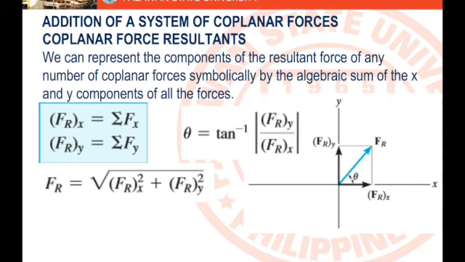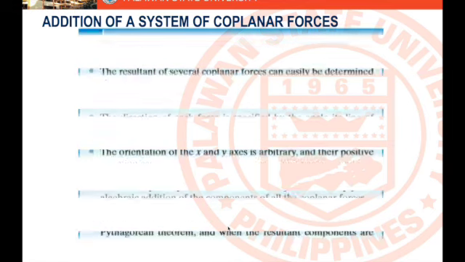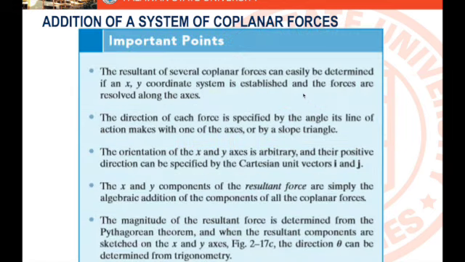So by that, we have our vector and its direction. This is just a summary of the steps that we take when we are solving for rectangular components. Okay, so I'll just let you read through this.